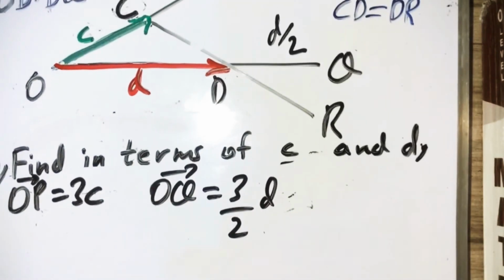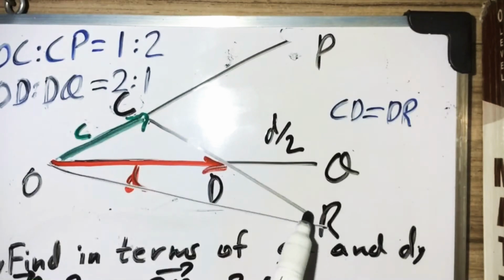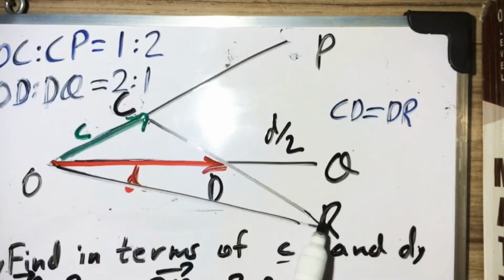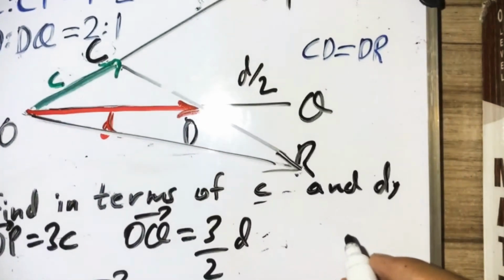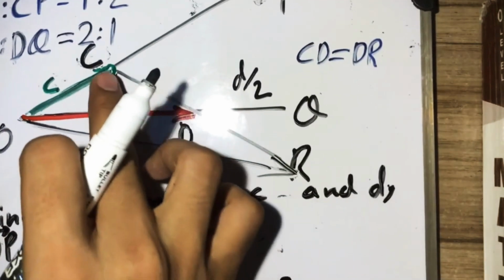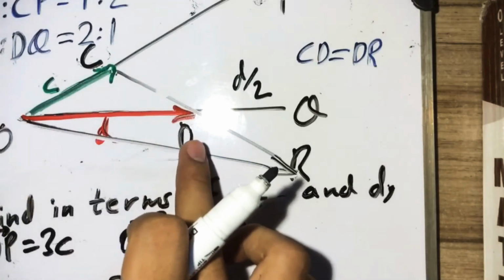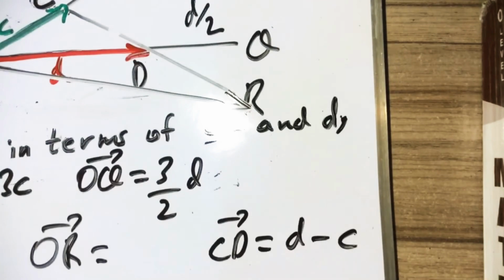And the next one is OR. OR is this vector. For OR, we need OC and CR. First we'll have to find CD. CD will be equal to CO plus OD. CO will be minus C plus D, so D minus C, that is CD.